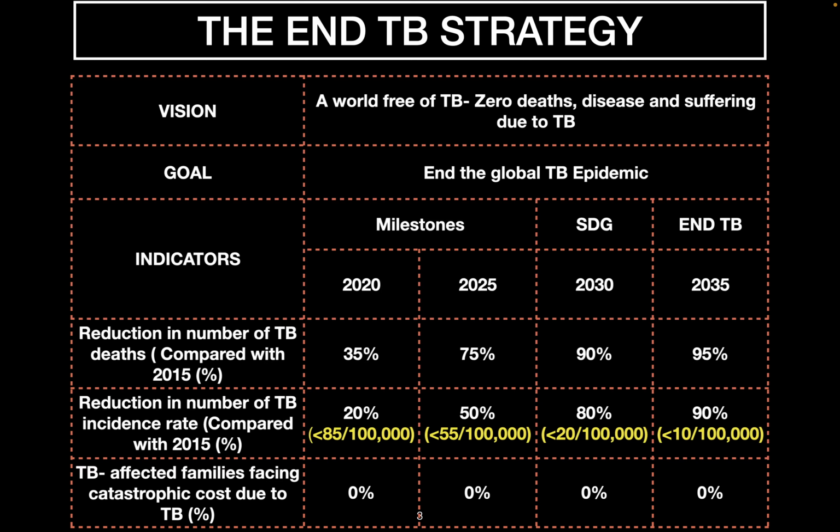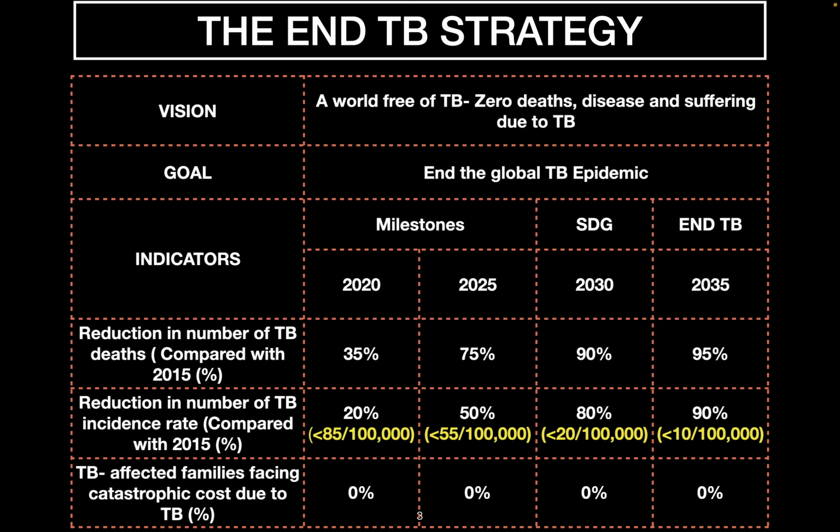So these are the two indicators. First talks about deaths: please reduce the number of deaths, and the percentages are 35, 75, 90, 95%. And second talks about the incidence rate: 20%, 50%, 80%, 90%. And the third one is very easy to remember. I want to reduce the cost which a TB patient or the TB-affected family has to bear, it should be 0%, 0%, 0%.